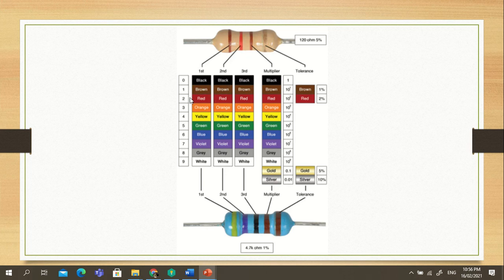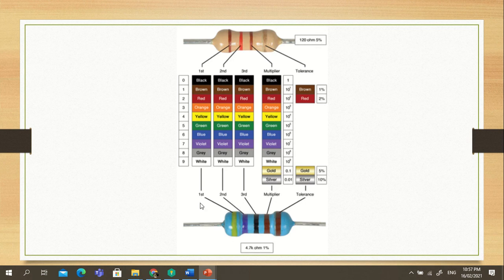Red is 2, so you put 2 here. And the third is also brown, so your multiplier is 10 to the 1, which is 10. So 10 times 12, so 120. Then we have the gold at the fourth band, which is the tolerance, plus or minus 5%.